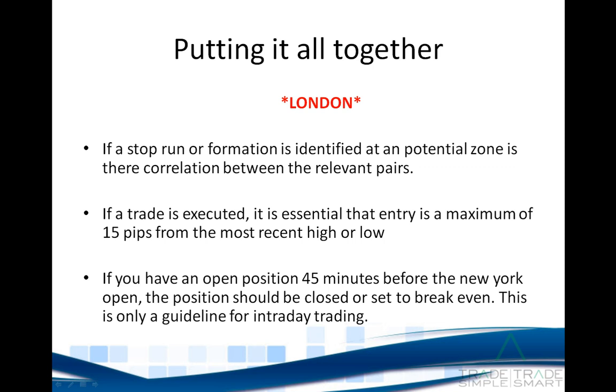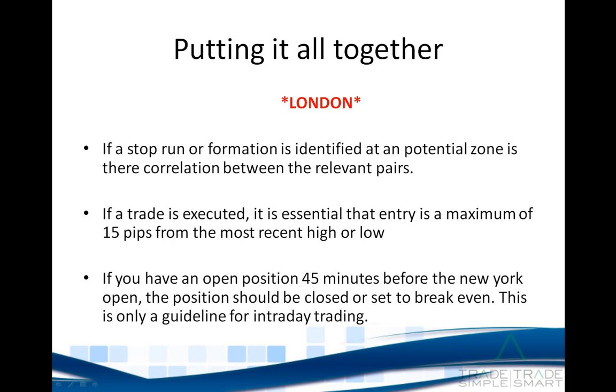And on the execution of a trade, you have to remember that it is essential that entry is a maximum of 15 pips from the most recent high or low. And the reason we do this is because of typically the M and W formation, where the variations will often take out the first leg of the structure, and if you place your stop just above the first leg, you would generally get stopped out.